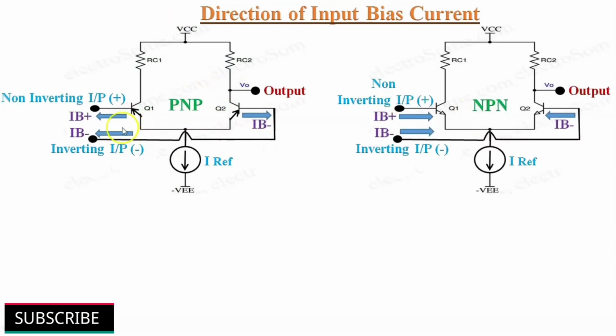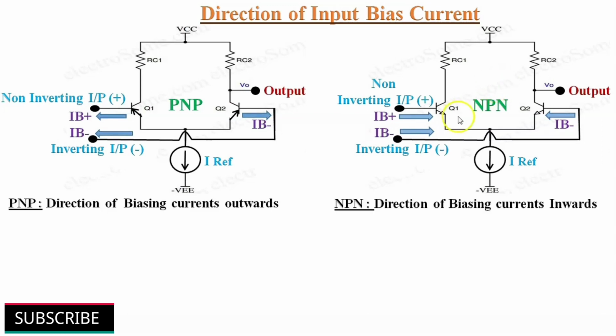The direction of these bias currents depends upon the type of transistors used in the internal circuit of the op-amp. If PNP transistors are used, then the biasing currents go outward from the op-amp. If NPN transistors are used, then the biasing currents enter into the op-amp.